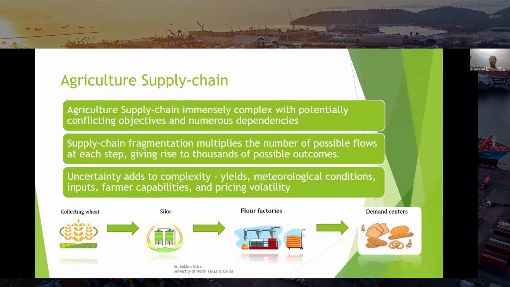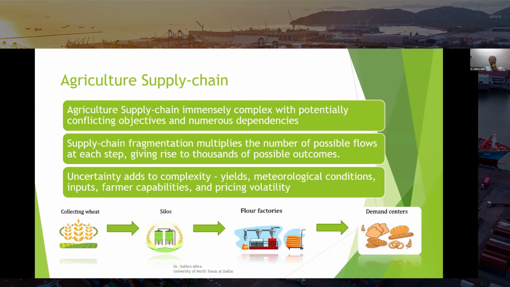Every agricultural supply chain is a little different from a conventional supply chain. It is much more complex, with a lot of uncertainties. It's much more fragmented because we have small producers, especially in countries outside the United States, in Asia like China or India, where the farms are very small in size.